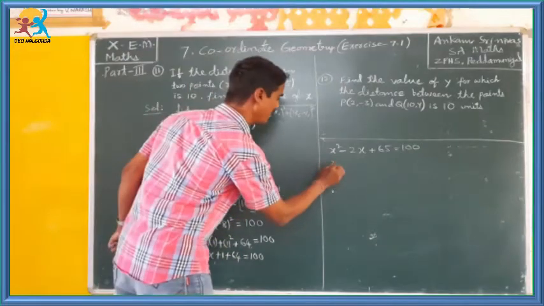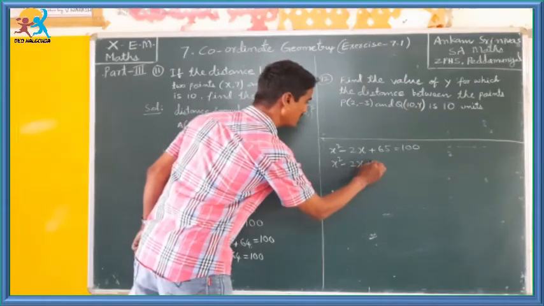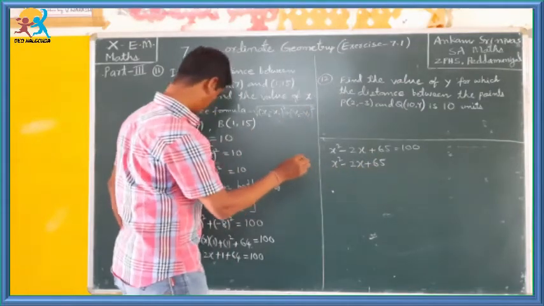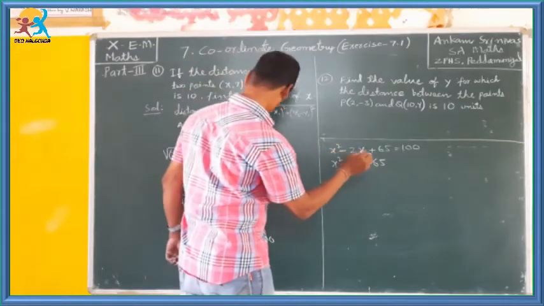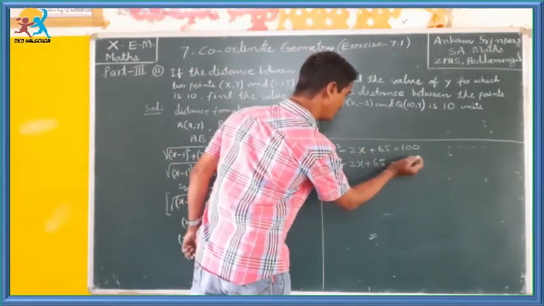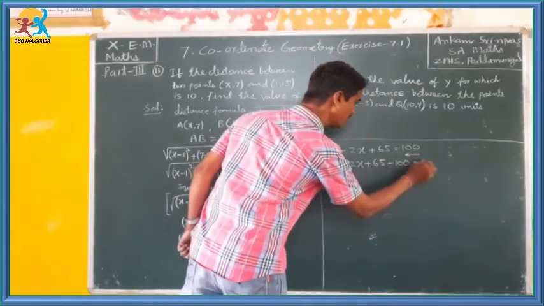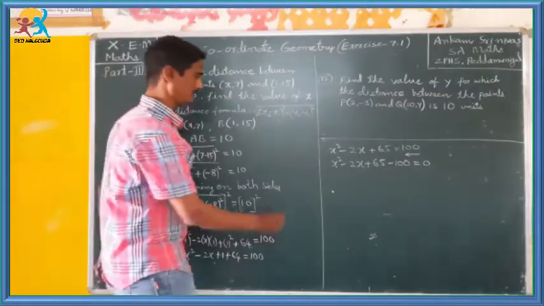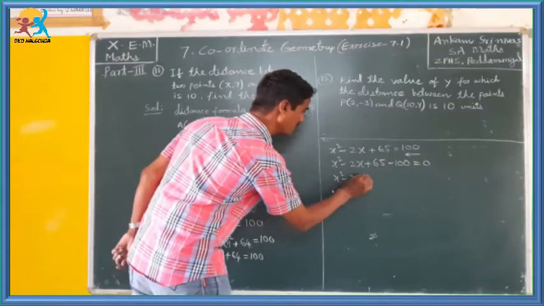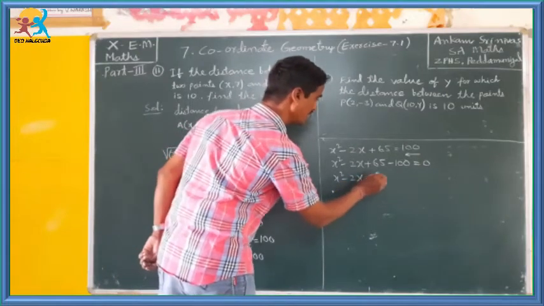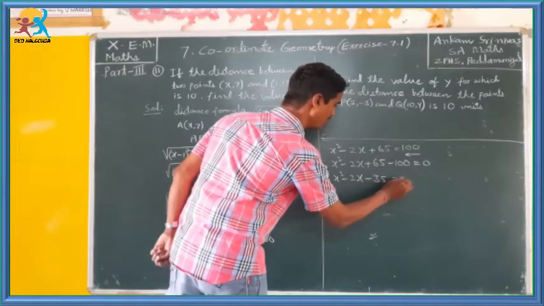Now x square minus 2x plus 65 equal to 100. Now transfer it to the left side, we will get minus 100 equal to 0. x square minus 2x minus 35 equal to 0.